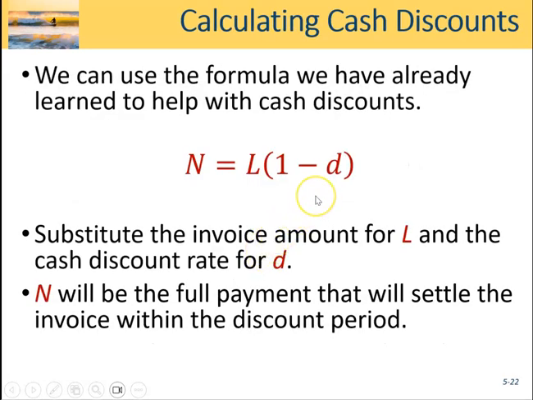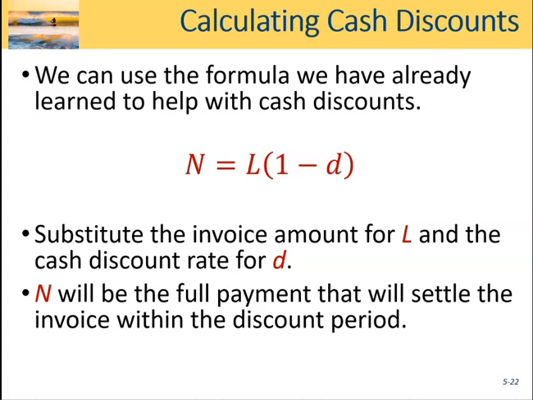Okay, so we can use the formula we have already learned to help with the cash discounts, okay, which is N, the net price, equals list multiplied by 1 minus the discount. But we're going to substitute the invoice amount, okay, for the L, the total invoice amount will go into the place of the L, and the cash discount rate will go into the D. So in that case, it was 2%.